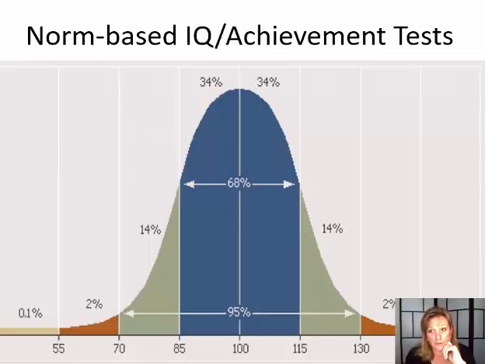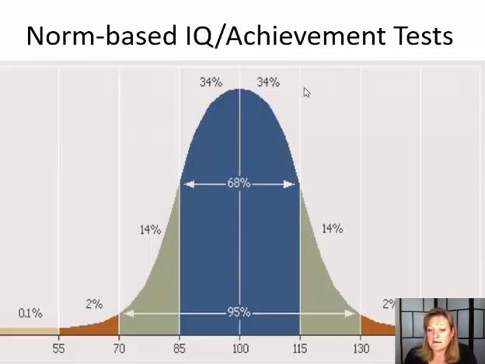So when it comes to IQ, the theory is that all of the IQ tests are designed so that about 68% of the population, this part in blue here, will have an IQ somewhere between 85 and 115. 100 is the mean IQ, or the average IQ as we call it. Okay?